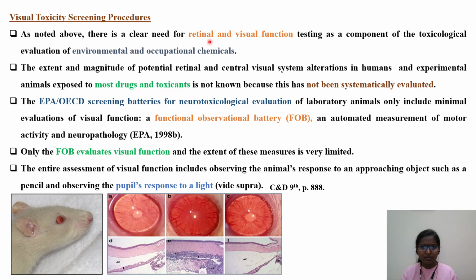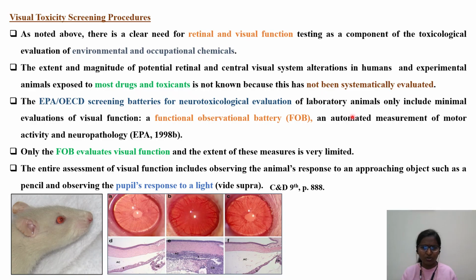So there is a need to test retinal as well as visual function. How are we going to do it? The extent and magnitude of potential retinal and central visual system alterations in humans and experimental animals exposed to most drugs and toxicants is not known because this has not been systematically evaluated.